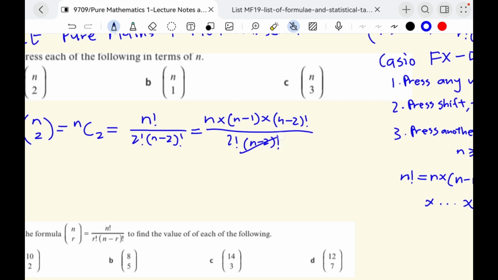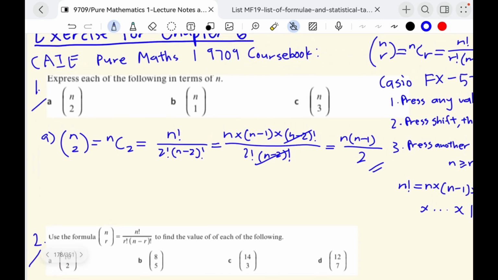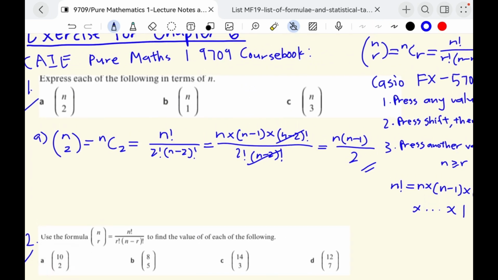Cancel it out for both, and you get n times n minus 1 divided by 2. What is 2 factorial? It is 2. Or if you want to expand, it's up to you.